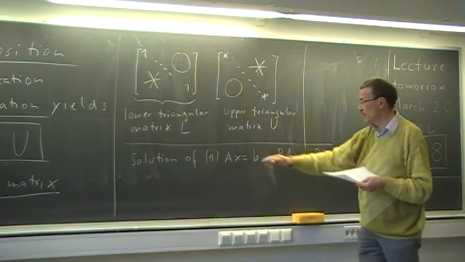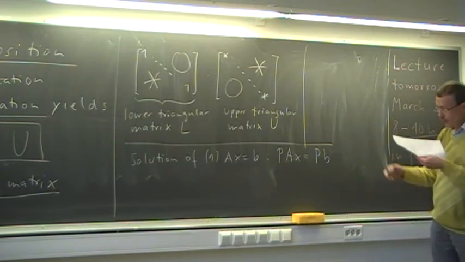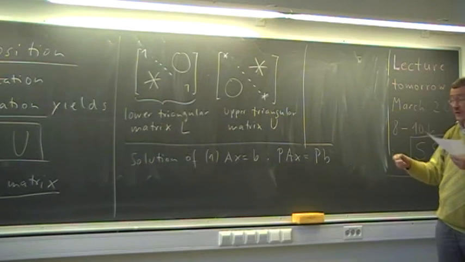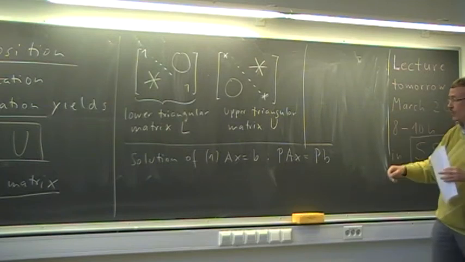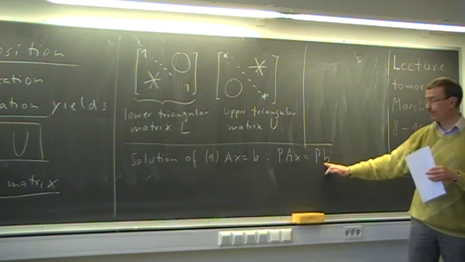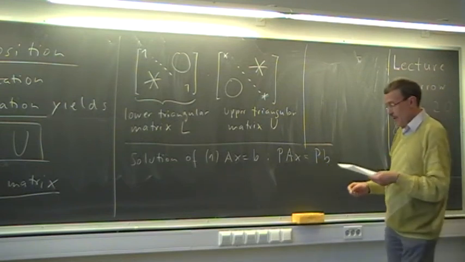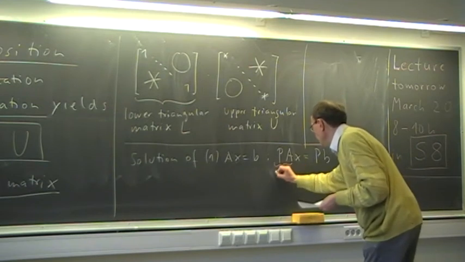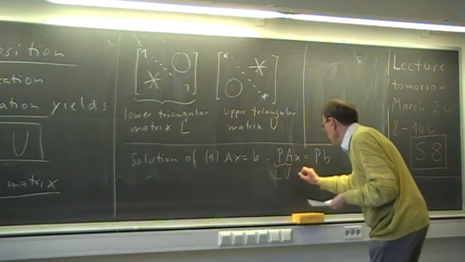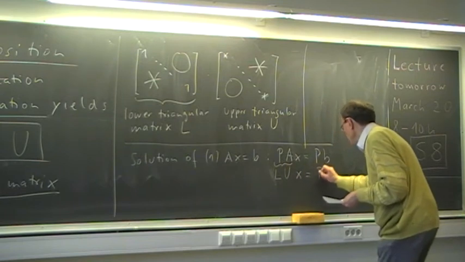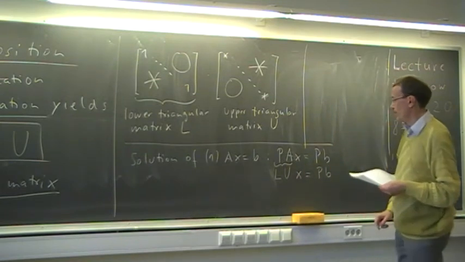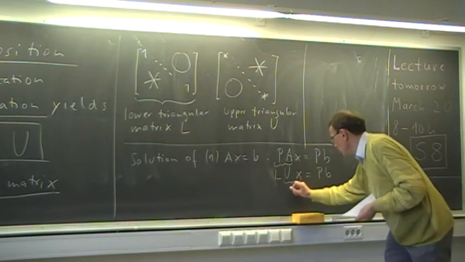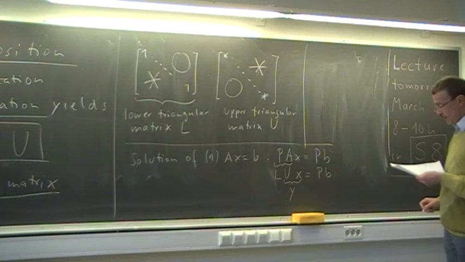So that means we multiply our whole linear system by the permutation matrix. That is, we do the row interchange both on A and on the right hand side. And then we use that the PA is equal to the LU. So then we solve LUX equal to PB. And that we do then in two steps. We call this again Y.